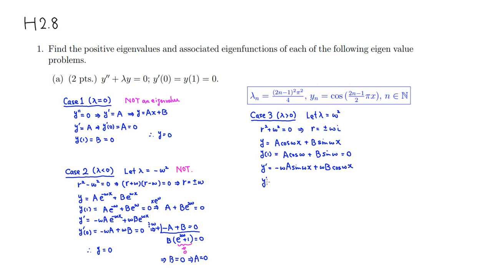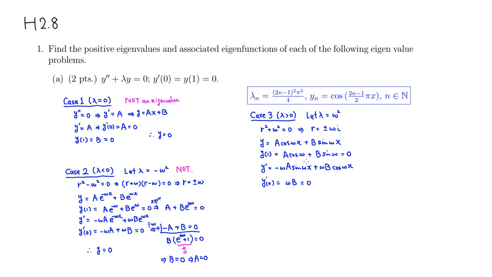So y prime of 0 would be, if you plug in 0, sine of 0 is 0, so this goes away. You get omega b, cosine of 0, which is 1. So this is equal to 0.